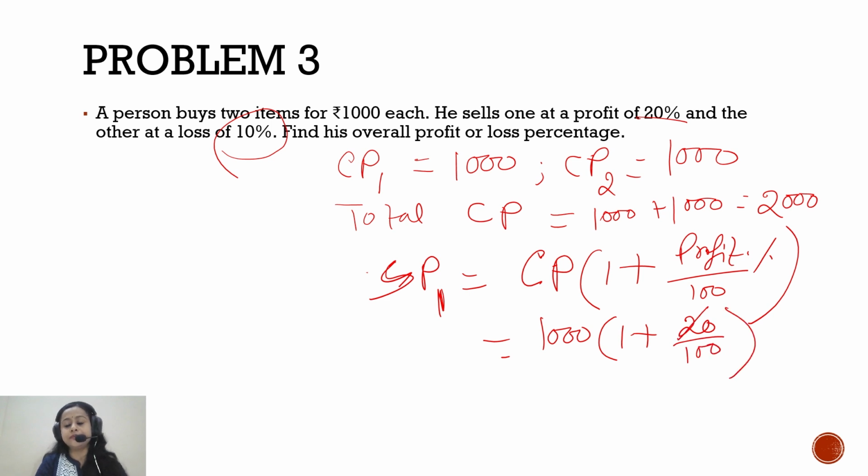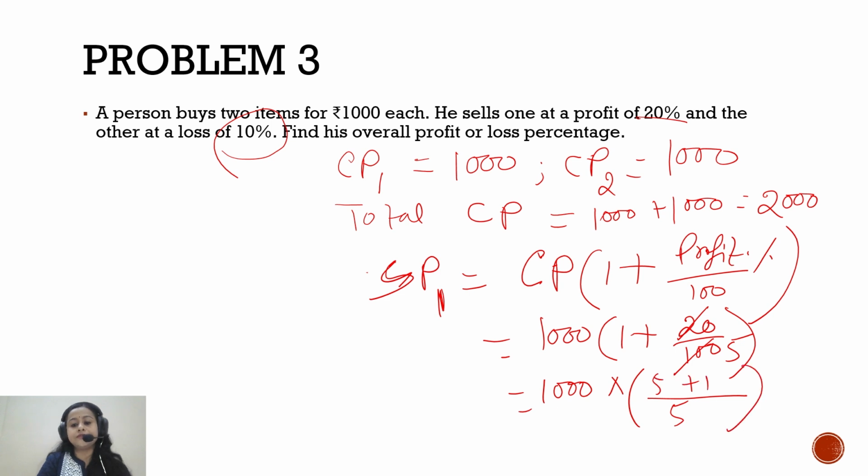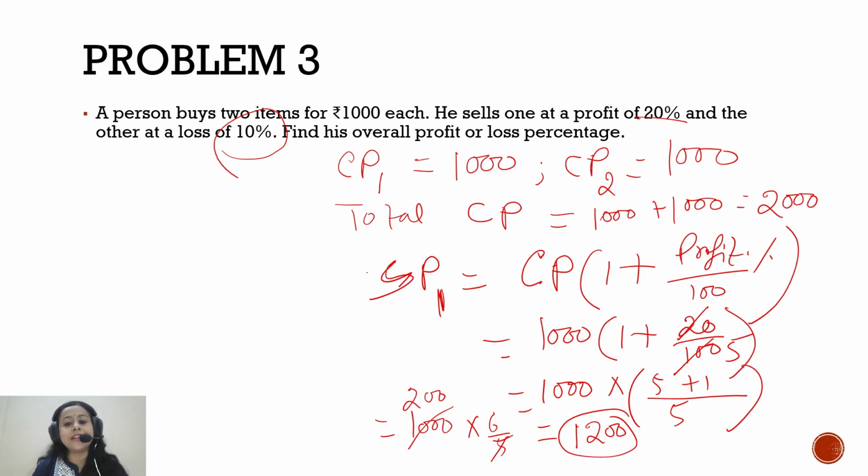So same, 1 by 5, so 1000 into 5 plus 1, which will give you 1000 into 6 by 5, and it will finally give you 1200. So the selling price of the first item is 1200 when he is earning a profit of 20%.